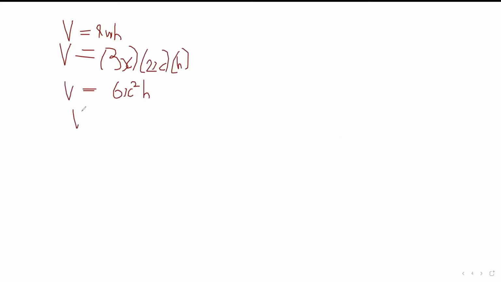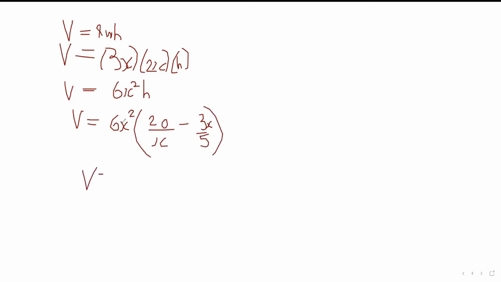So the volume formula, Marika, is 6x squared multiplied by 20 over x minus 3x over 5. This is the volume formula. And finally, we're going to simplify it.